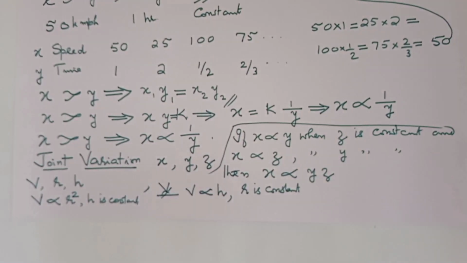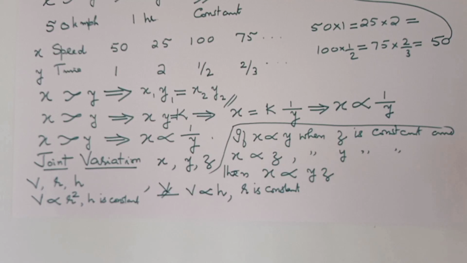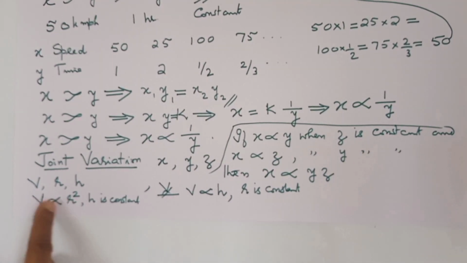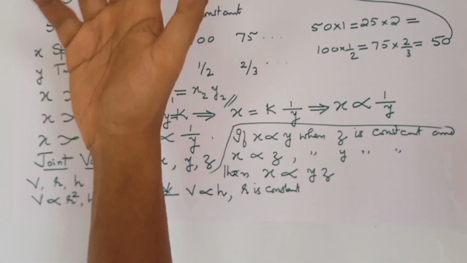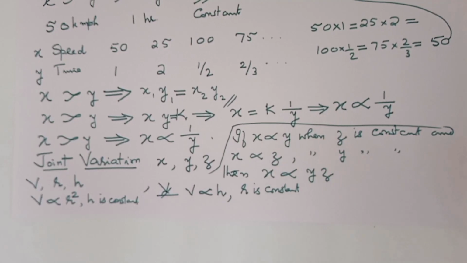So what is it that I have done? In the first case, I have taken all cylinders with their height being the same. If you measure the volume and then measure the radius, you will see that V is directly proportional to R square. That means if you take the ratio of V by R square, which is how we have defined direct variation, that will always remain the same.